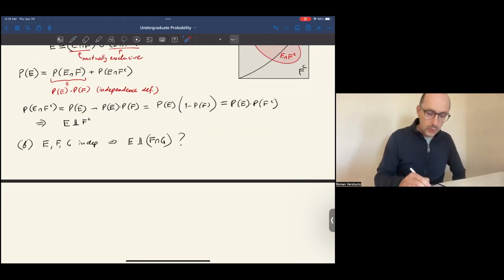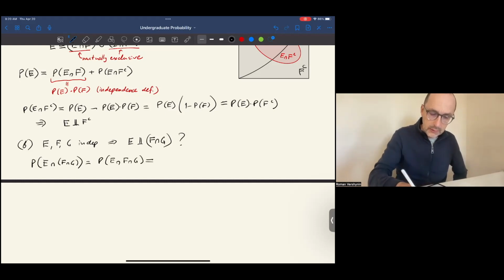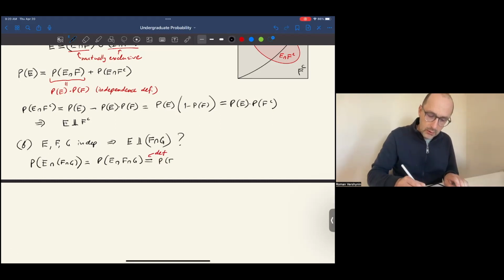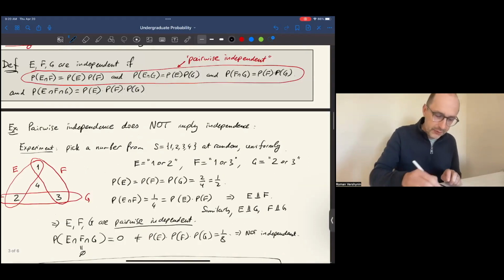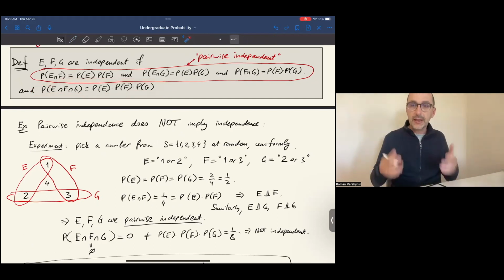By definition, all we have to do is to check that the probability of E intersection with this event equals the product of the probabilities. The probability of E intersection with that's just the intersection of all three. And by definition of independence, that was the product of P of E, P of F, and P of G. That was this contested equality that we decided to include in the definition, and now we know the reason why.